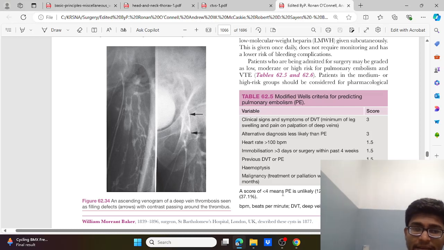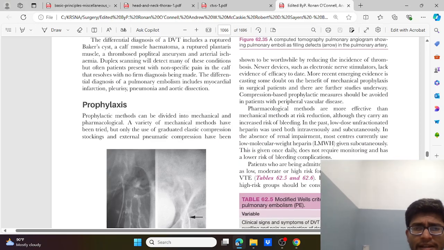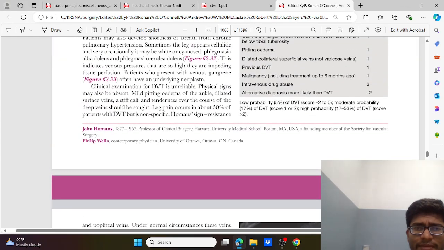With a score less than 3, pulmonary embolism is unlikely, 12.4%. If it is more than 4, it is suggestive of pulmonary embolism with 40% chance. The maximum score here is 12.5, so more than 4 is highly suggestive of pulmonary embolism.